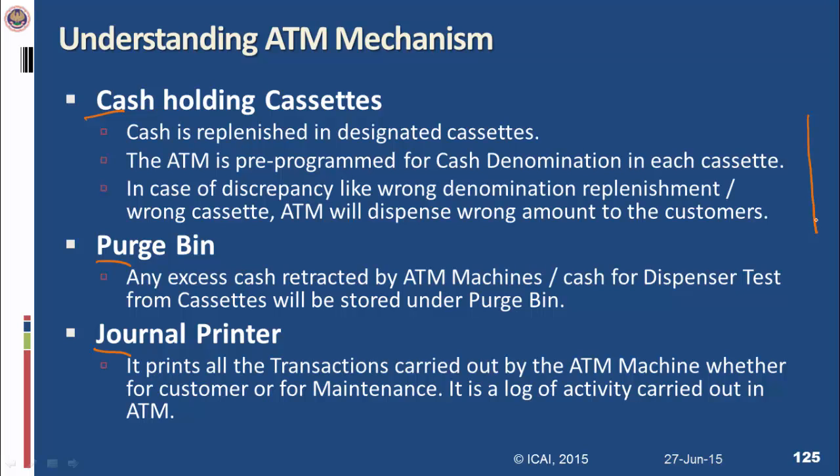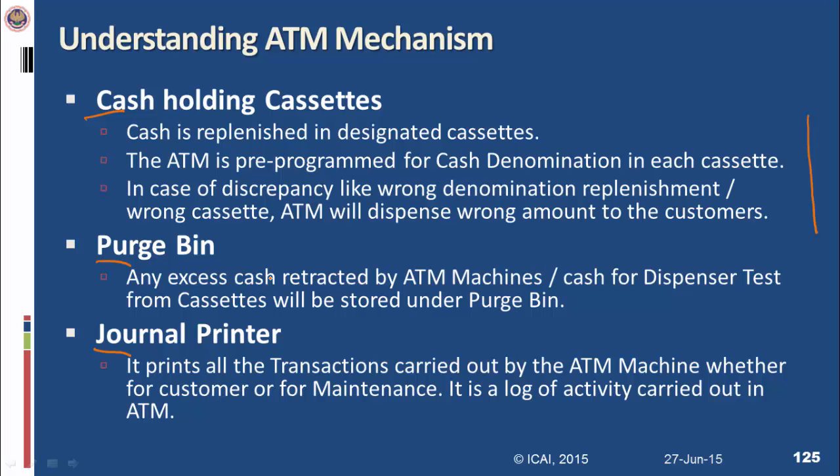Then there is the purge bin. Retraction of notes is disabled, so any dispensed note will not be retracted. However, if for any mechanical reason a note coming out from the holding cassette to the dispenser has a problem, it may go into the purge bin.